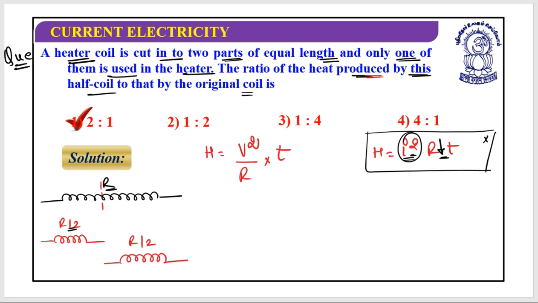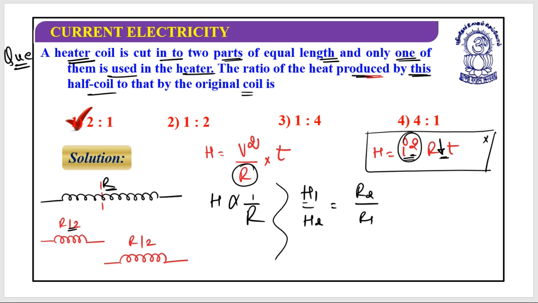Now what is changing? It's R which is changing, so I can write that H is inversely proportional to R. So H1 by H2 can be written as R2 by R1. H1 is the initial situation, let's say H. H2 is the new situation.